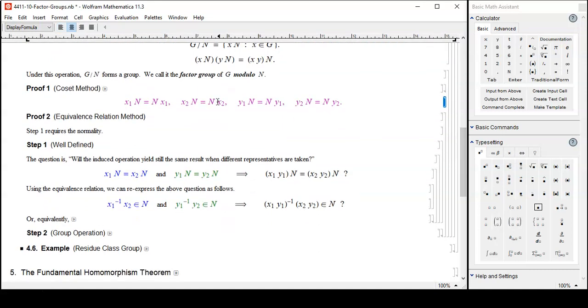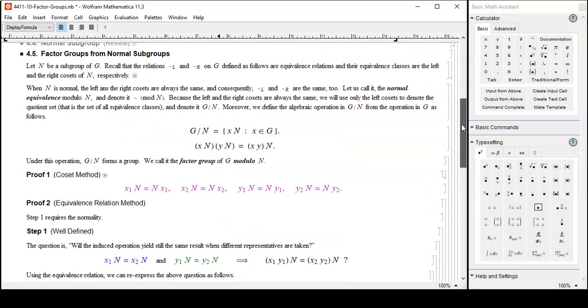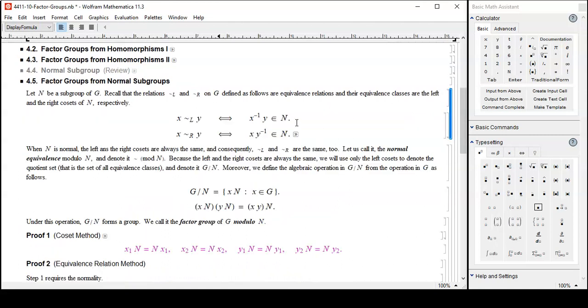So blue, green, and purple, we have to use these to prove that. So instead of using left coset and this left coset being the same, we are rewriting into this and that being related with respect to this left coset relation.